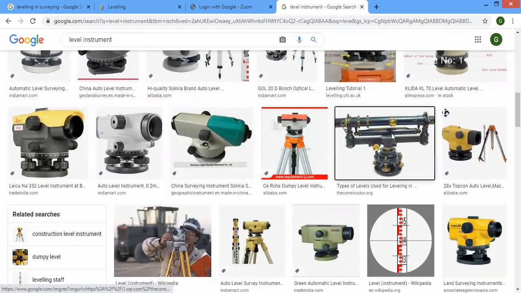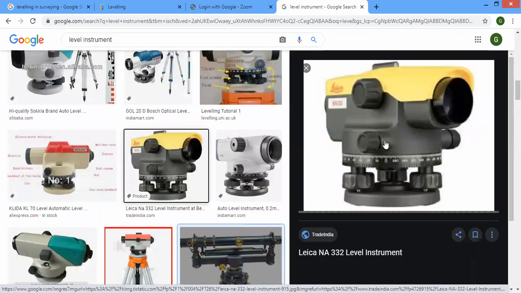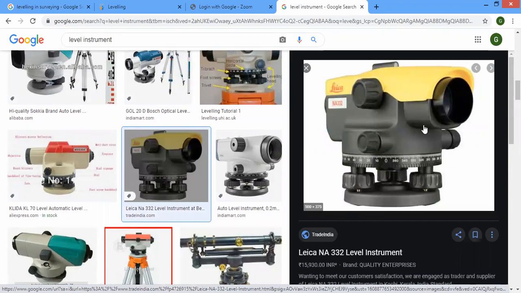This black one is called the inverted level, which is made of metal, and this is the auto level. Both instruments are used for leveling.